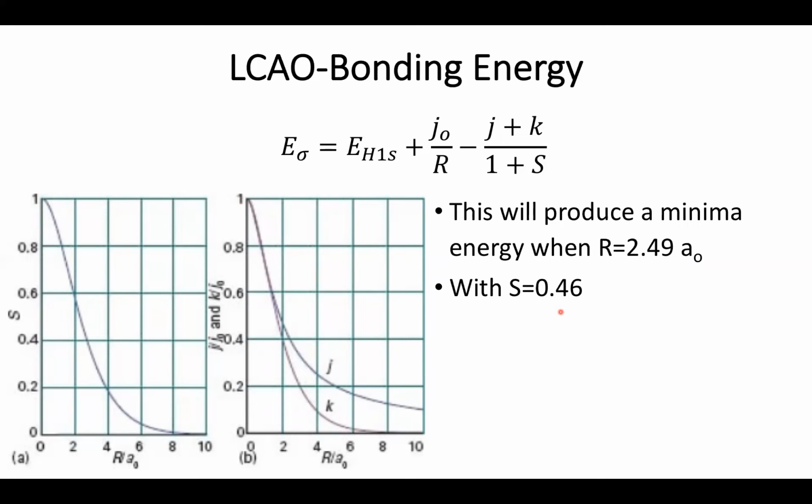We can also generate an attractive interaction with the new electrons on the other atom of about 0.4, and with the electrons in between the two in the bond of about 0.3.